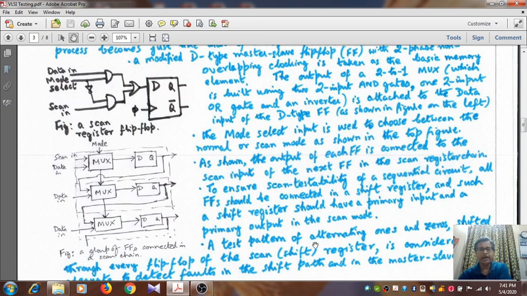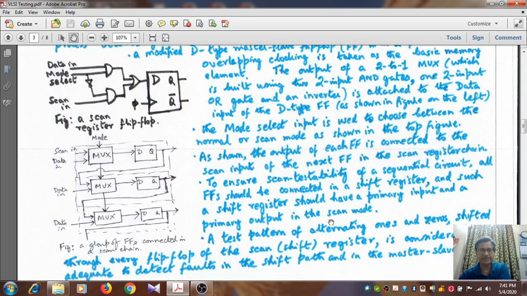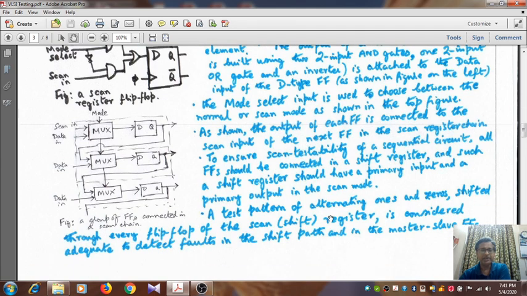By testing the individual flip-flops, if you find everything is okay, then you can certify the circuit as okay. Otherwise you can find which particular flip-flop is malfunctioning, so you can take it out and replace it with a proper flip-flop. Okay. Now in general, you see a test pattern of alternating ones and zeros; normally it is a bivalued flip-flop, so the output can be either 1 or 0.